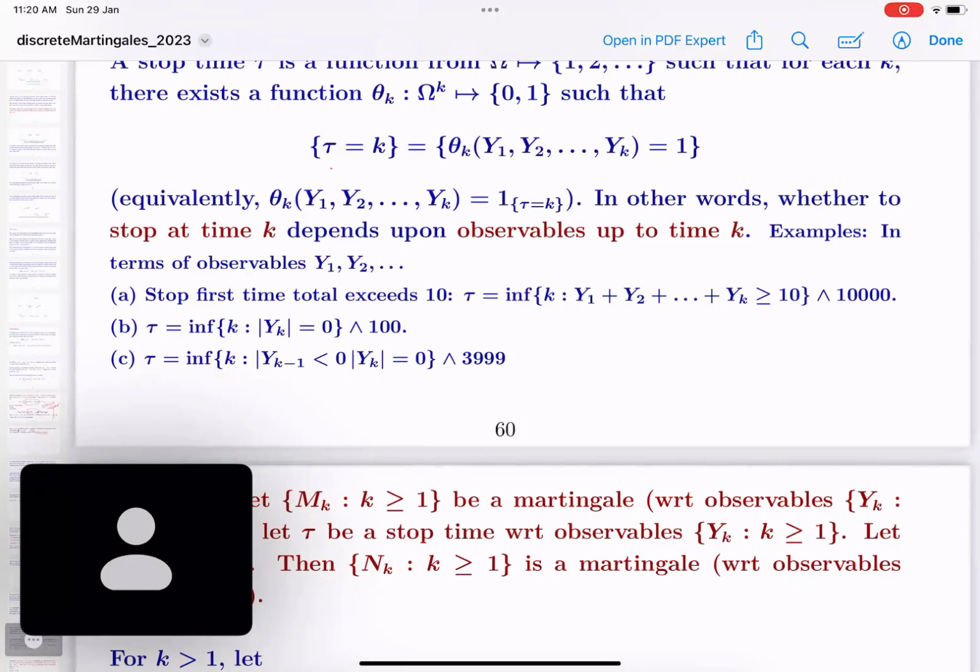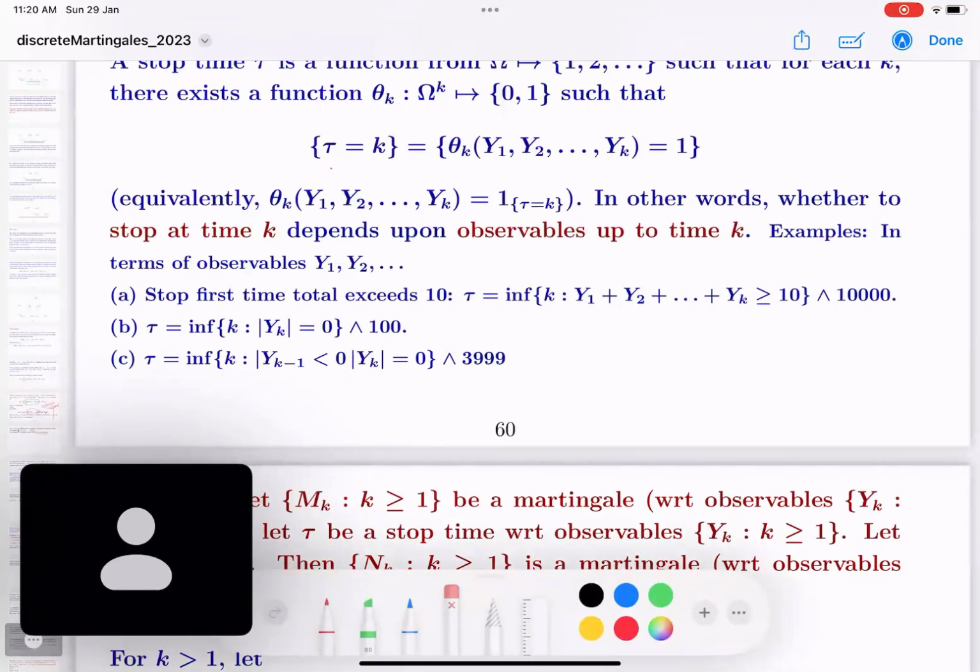If you can allow infinities in your framework, we need not bring this minimum in mind, and then we can follow our usual convention that the infimum over the empty set is infinity. So we can define tau to be the infimum of k such that yk equals 0. If no such k occurs, then tau is equal to infinity. So it depends on whether or not we are allowing infinity in our framework.